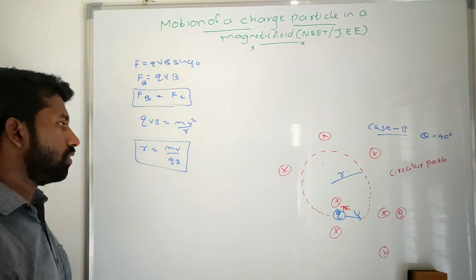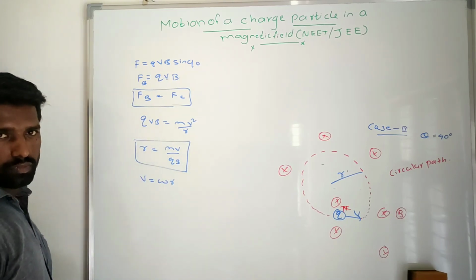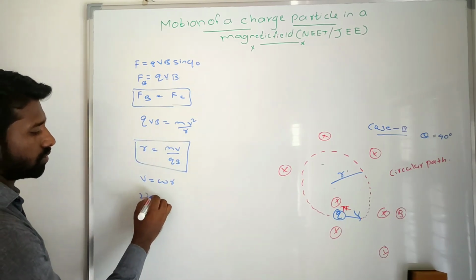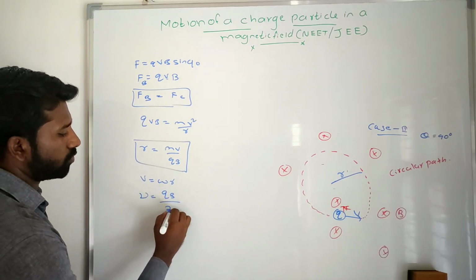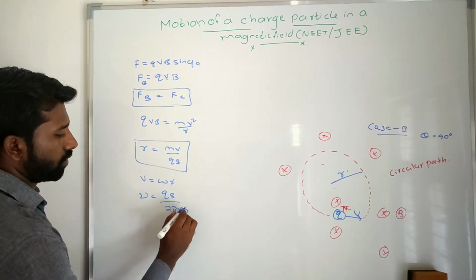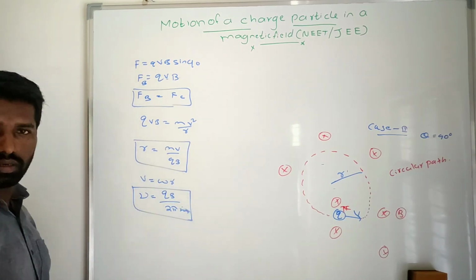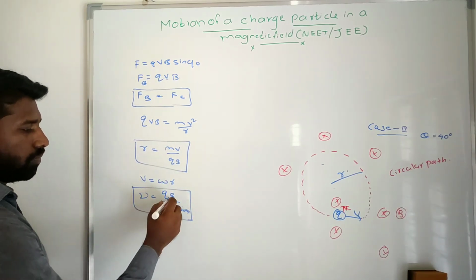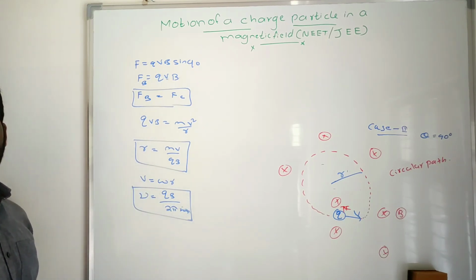Then you can find out the frequency. How will you find it? V is equal to omega R. From this you can find the frequency, that is qB divided by 2 pi m. Okay, what is m? M is the mass of the charged particle that moves in a magnetic field, B is the magnetic field and Q is the charge of the particle.